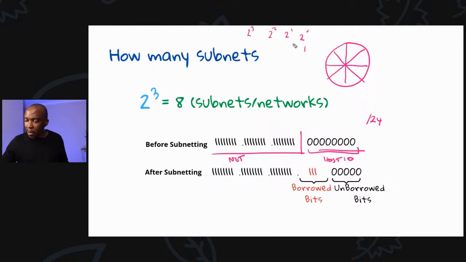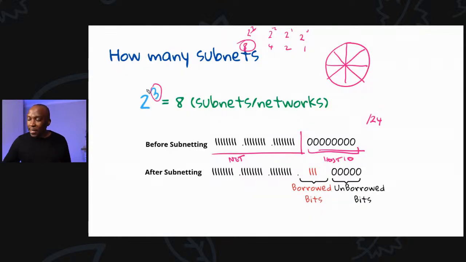So 1, 2, 4, 8. So we are looking for 8 networks. What value are we raising 2 to the power of to get the 8 networks? We're raising it to the power of 3. So thus, we are borrowing 3 bits from our host ID.